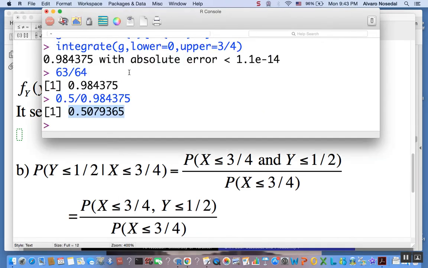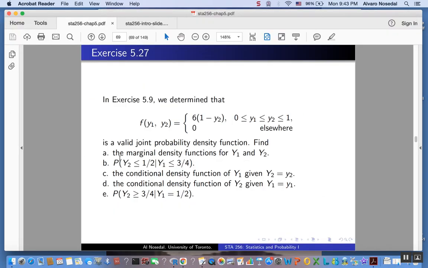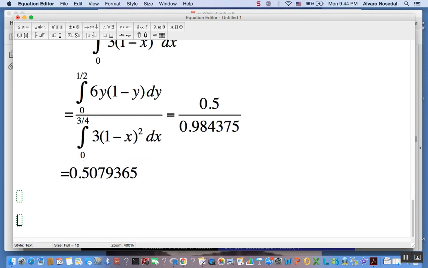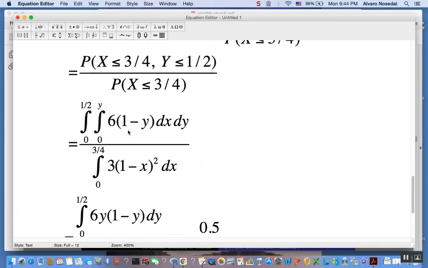Let's do one more. Let's do part C. We want now the conditional. Before we move on, note that in the numerator of the previous probability that we wanted to find, first I integrated with respect to x and then with respect to y.